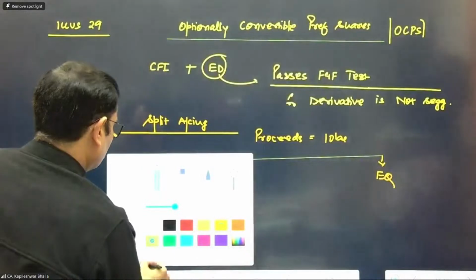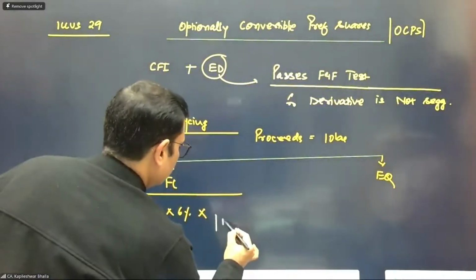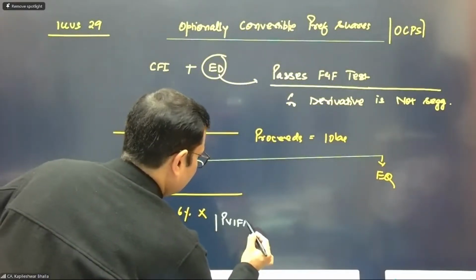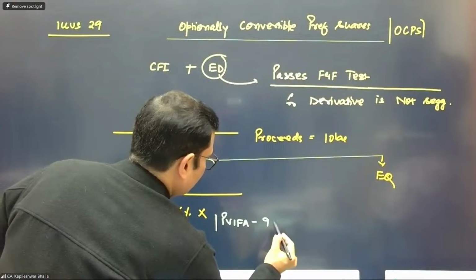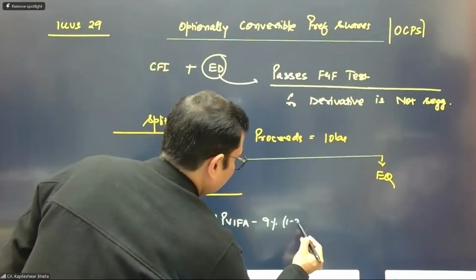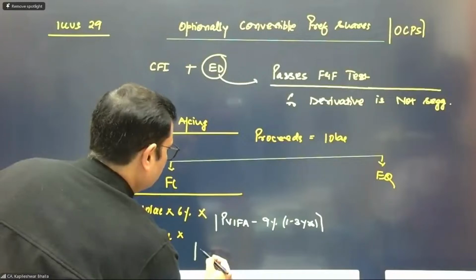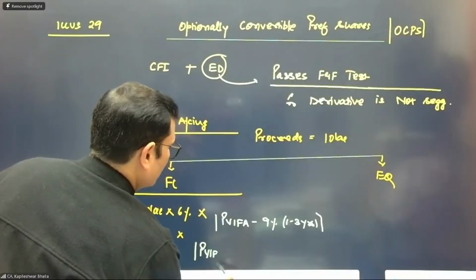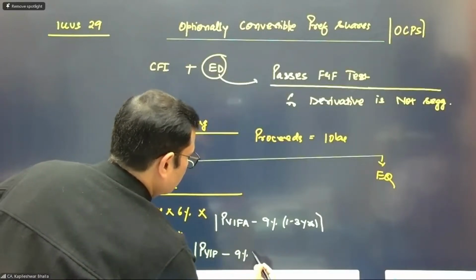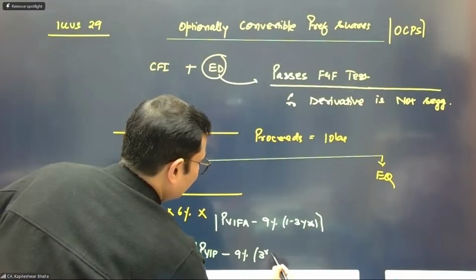So we need to discount this at, give me a PVIFA, which is at the rate of 9% for 3 years. And also give me a PVIF, which is at the rate of 9%, which is third year end.